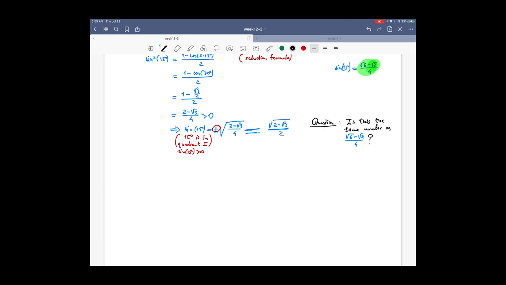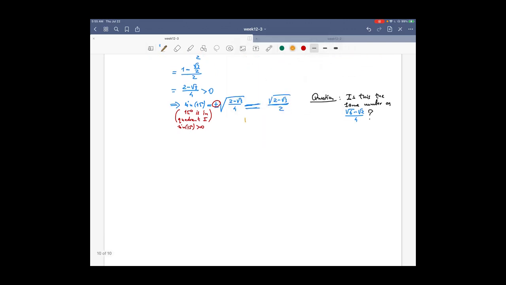Surprisingly, yes. And you can easily check that. So we are verifying whether root 2 minus root 3 over 2 equals root 6 minus root 2 over 4. Well, multiply both sides by 4.